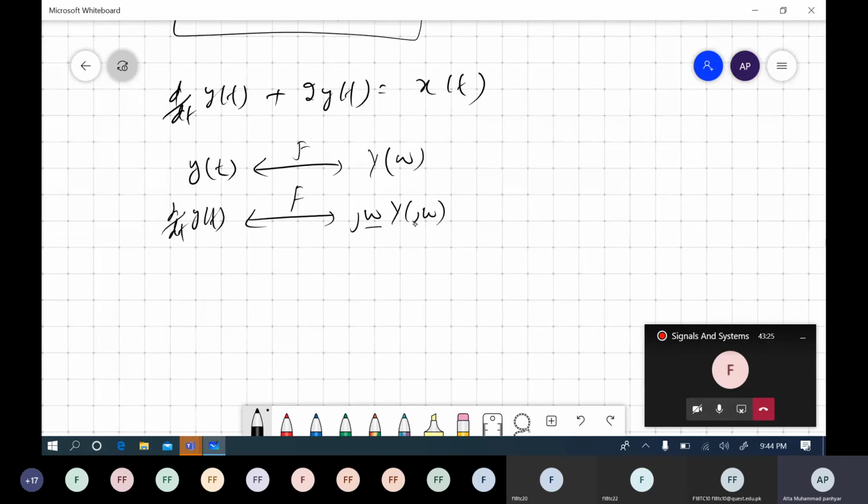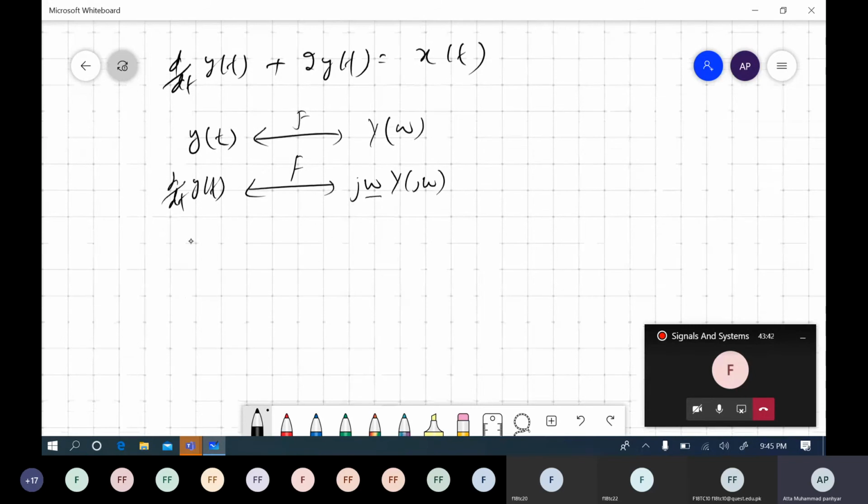If you compute its magnitude spectrum, omega is multiplied with the associated frequency. It works like a high pass filter, and this j is only a shift in the angle, a positive shift of pi by 2, right? We discussed that. Now, if we have x of t, we don't know the signal because we are talking in general, so we say it's X of j omega.